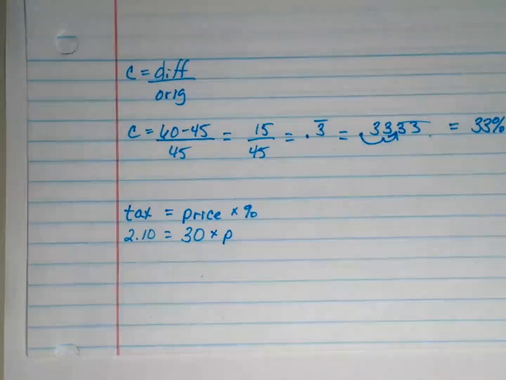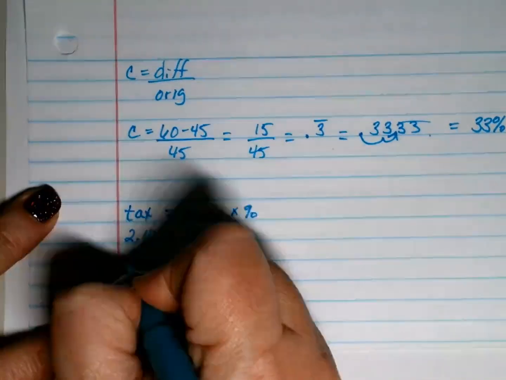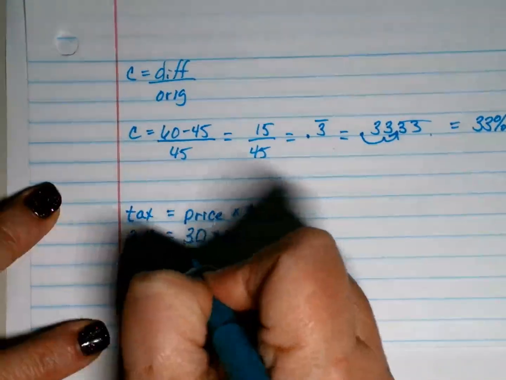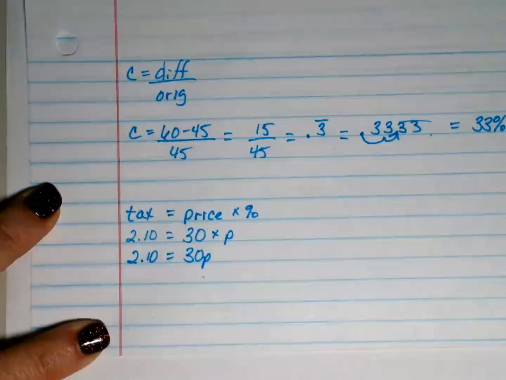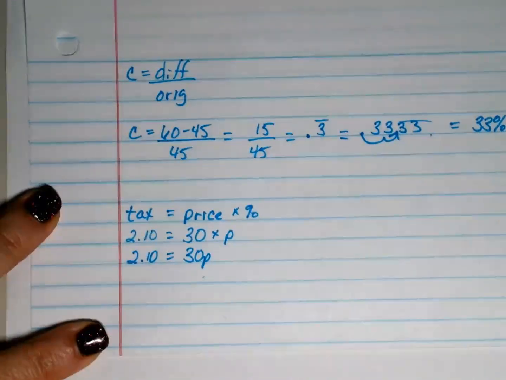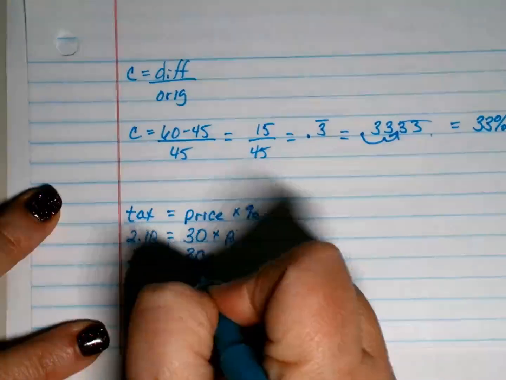Yeah. So how do I get P by itself? How do I get 30 by itself? Divide.